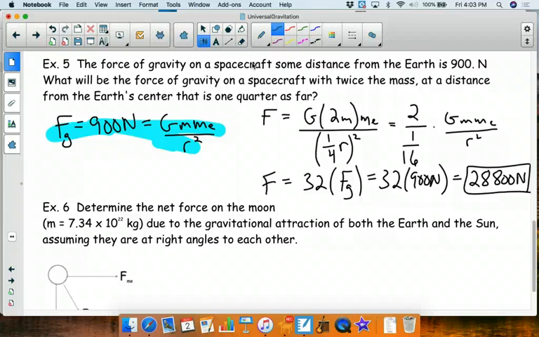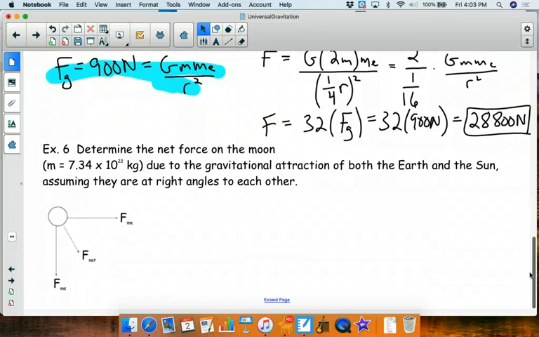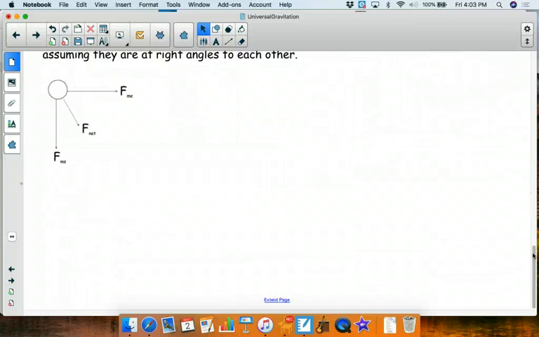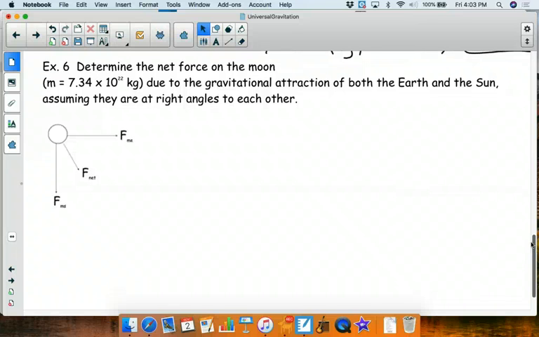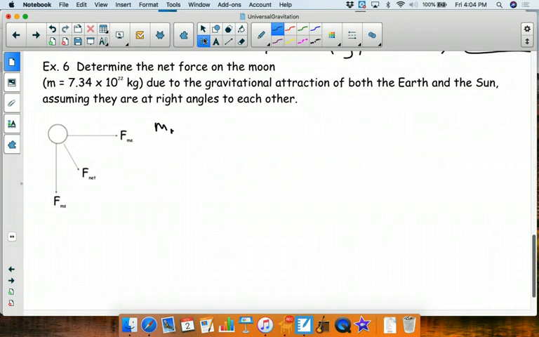Okay, and then the next problem is a vector problem. This takes a little bit more work. So you need to know a few things here to determine the net force on the moon. Number 1, the mass of the moon, 7.34 times 10 to the 22 kilograms.